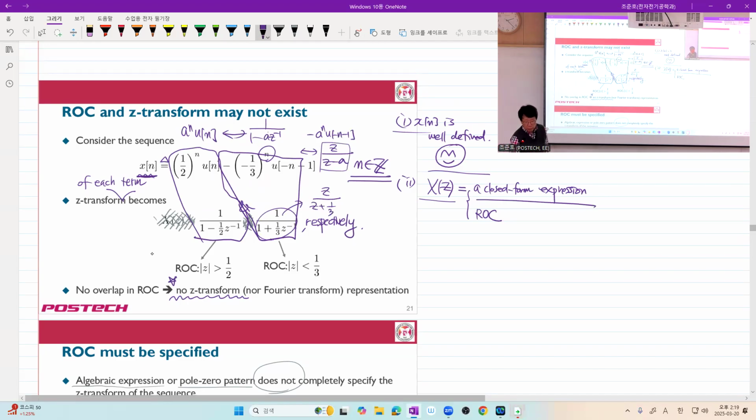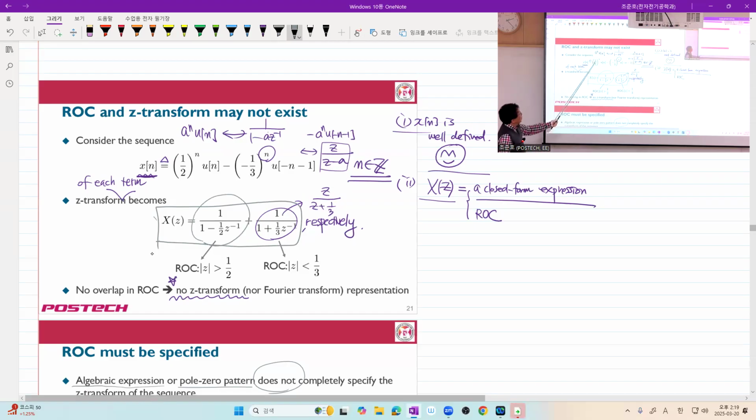So the textbook just temporarily writes the Z transform as this one. But actually, precisely speaking, this is not correct yet. Because the region of convergence for the first transformation is this one. And the region of convergence for the second part is that one.